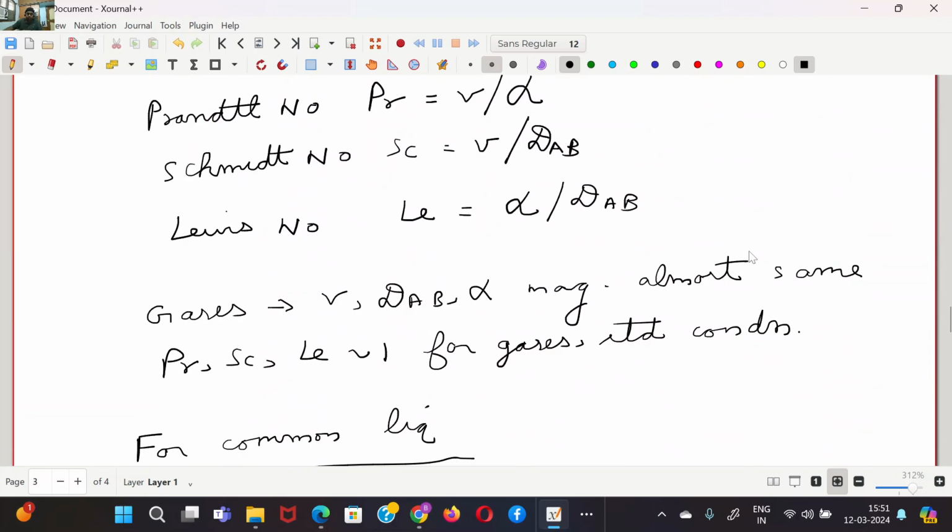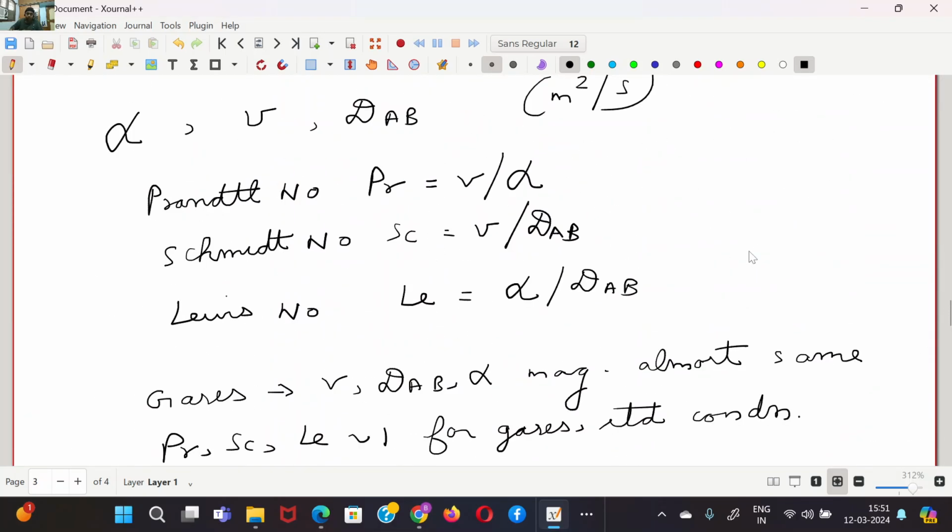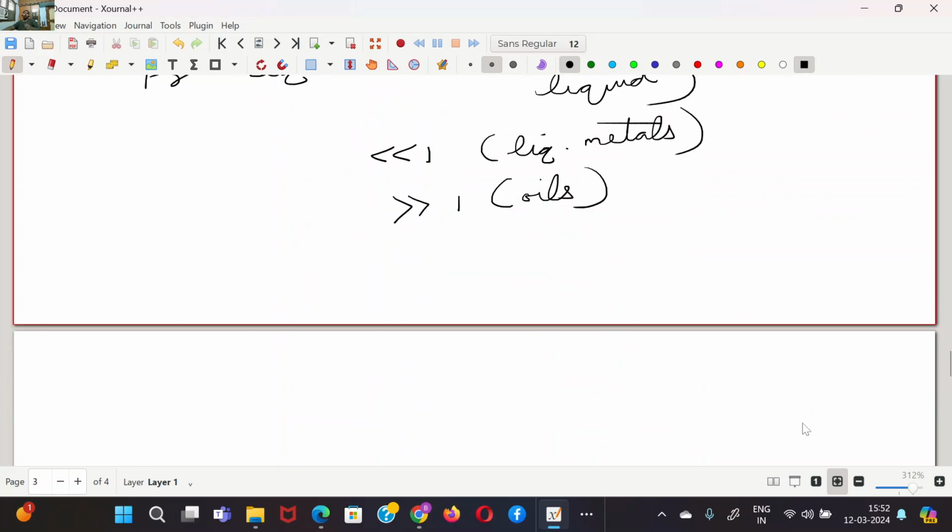Yeah, I just make a note of this because we haven't come across this term, right? D_AB. It's called binary diffusivity. Mass transport, we will come to it. So if this is a gas, the particles are spread apart.